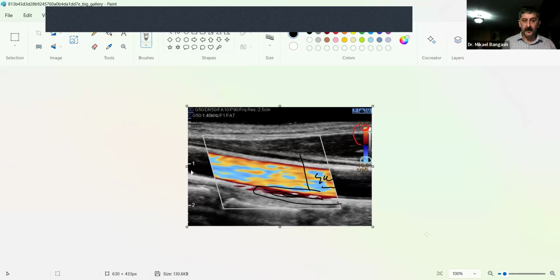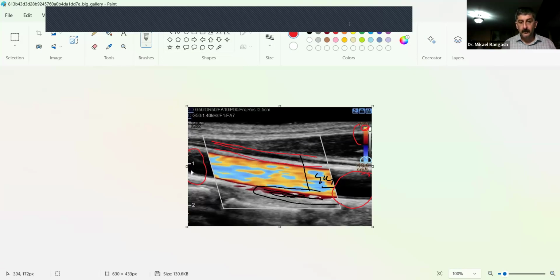This is pretty much what a color Doppler image looks like. If you take the color out of it, this is what a blood vessel will look like. We even have a blood vessel up here.